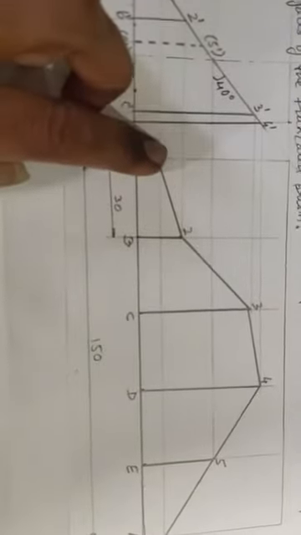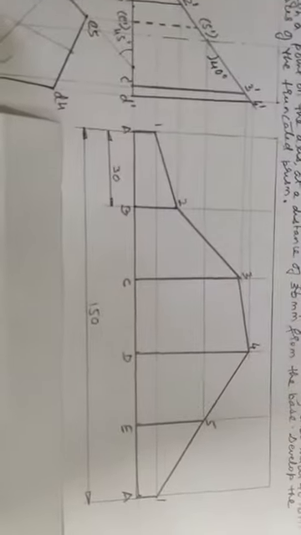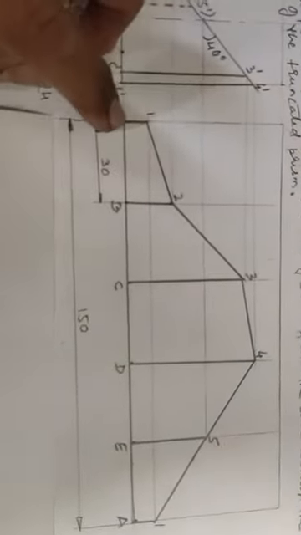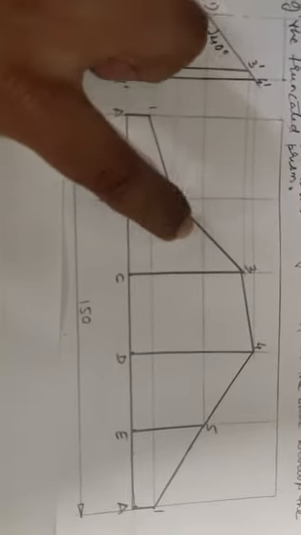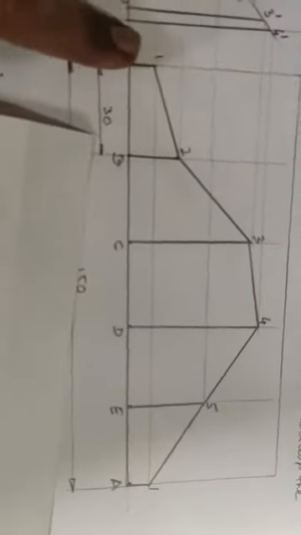So now you have got 1, 2, 3, 4, 5 and 1 again. So you darken these parts, join 1 to 2, 2 to 3, 3 to 4, 4 to 5, 5 to 1 again, 1 to A, this bottom part.